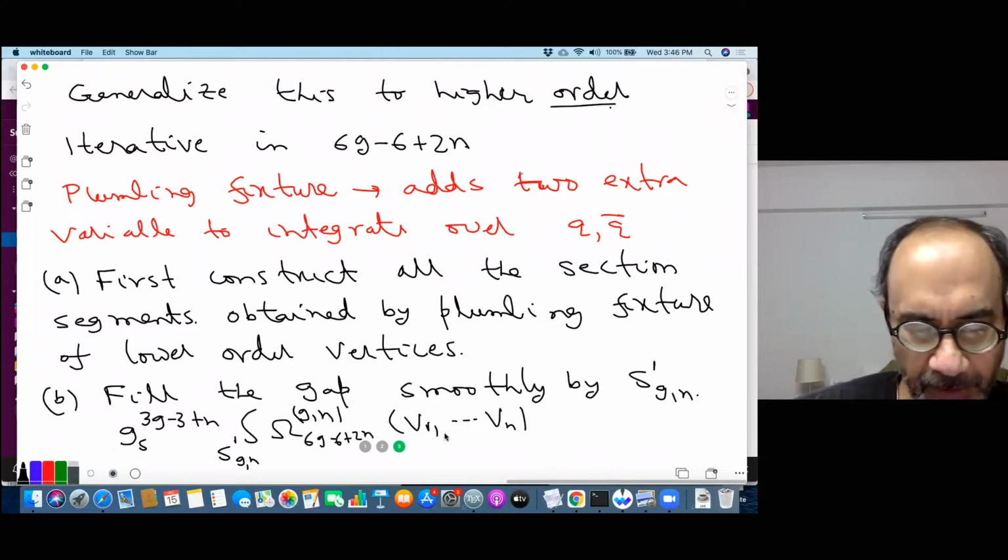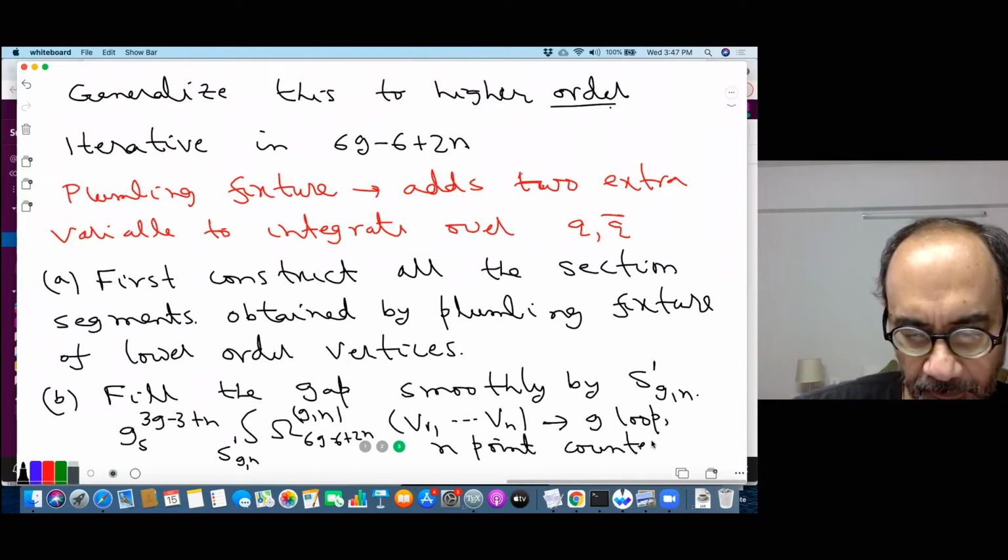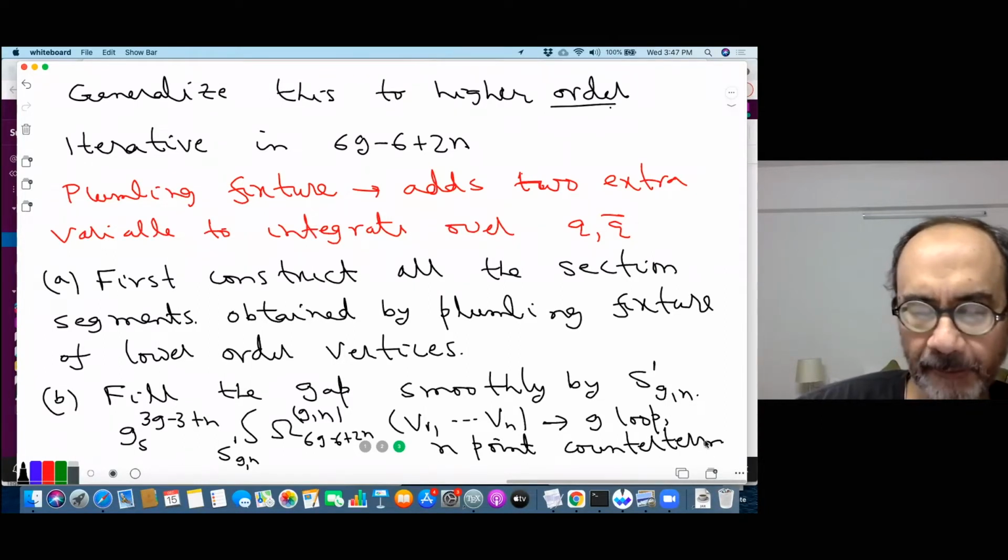These are the external vertex operators. From Feynman diagram perspective, this should be thought of as a G loop n-point counter term. But again, it's a finite counter term, because this region does not involve any degenerate Riemann surface. All the degenerate Riemann surfaces are obtained by plumbing fixture, as some diagrams connected by propagators.